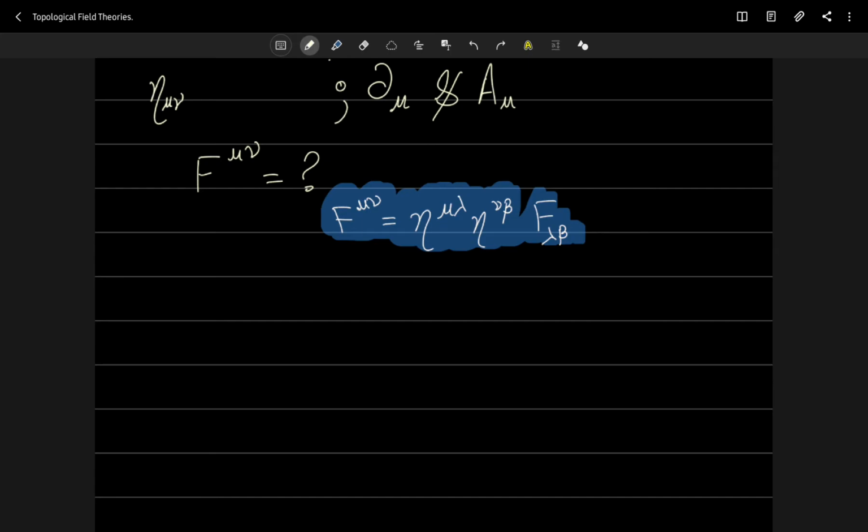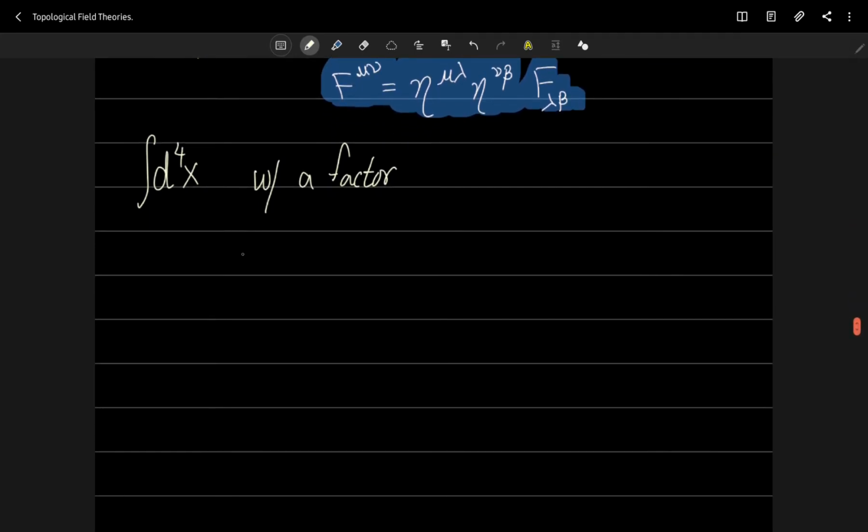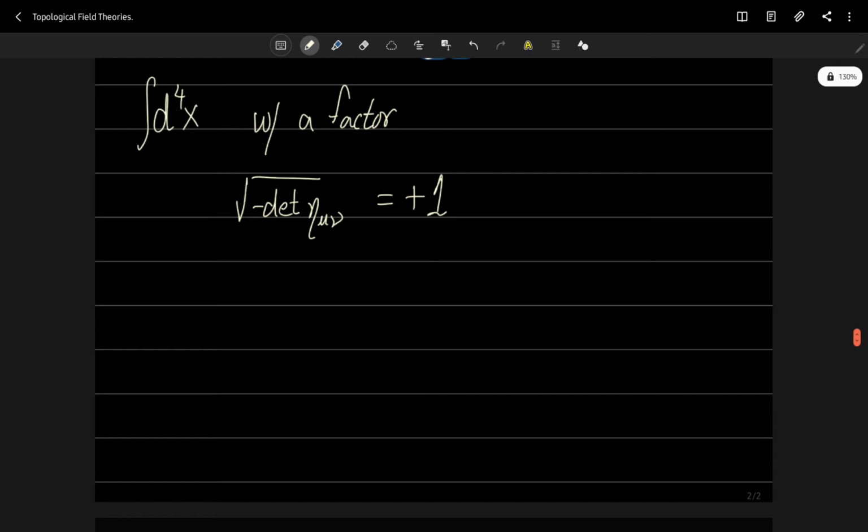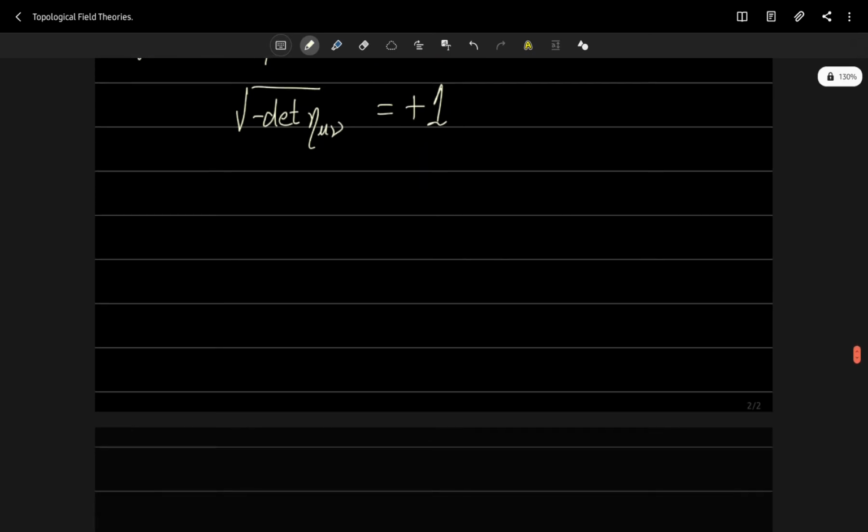And that is because the measure of integration, that is this thing, d4x, comes secretly armed with a factor that is the square root of negative determinant of the metric eta mu nu, which is equal to positive 1. And why is that good for us? It's because, generally what you have is a square root of negative g, which is equivalent to this thing.